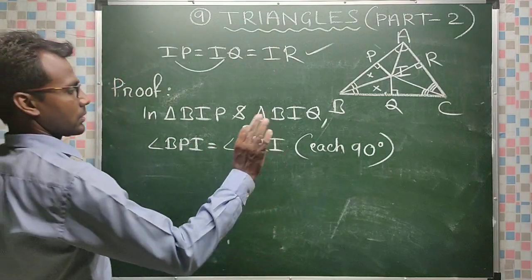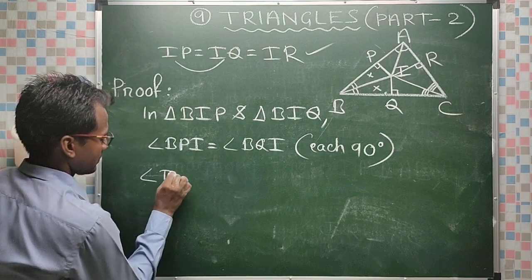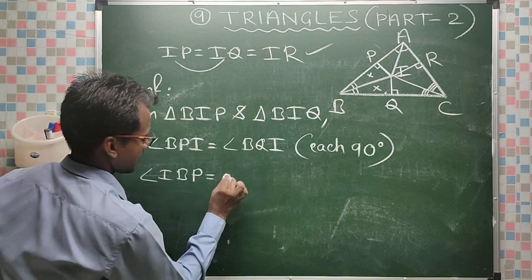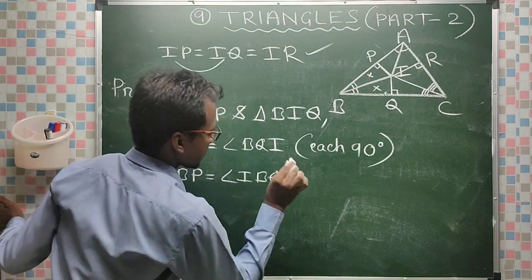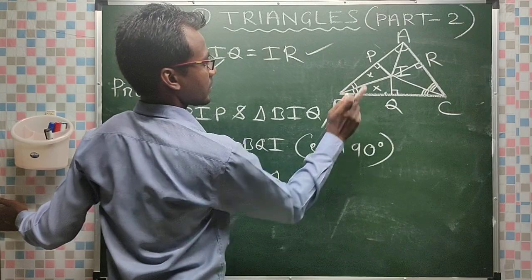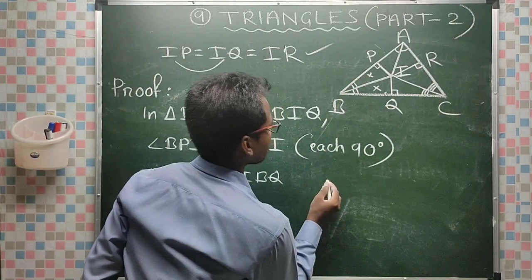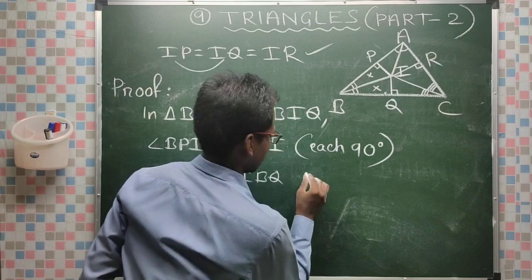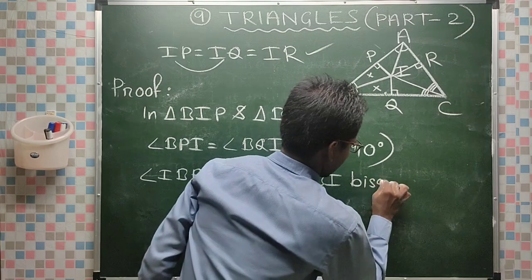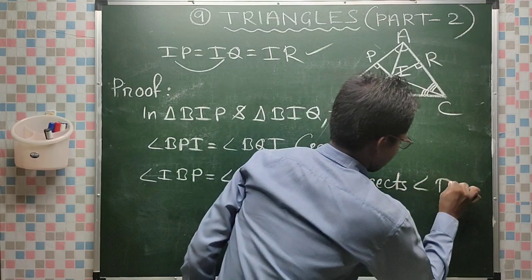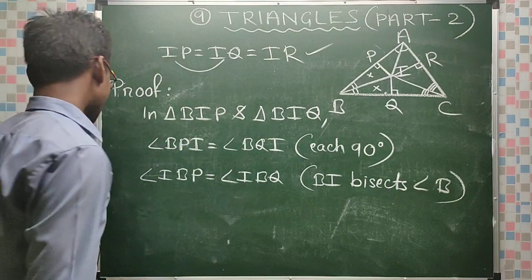One angle we got, then angle IBP is equal to angle IBQ, because BI bisects angle B. We got two angles, then we take side.